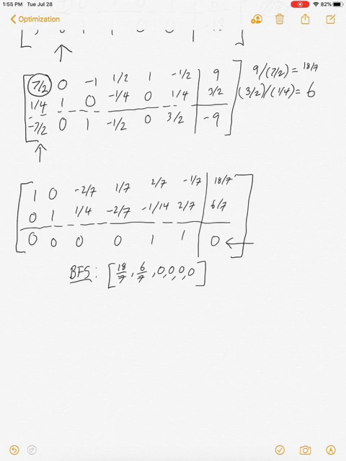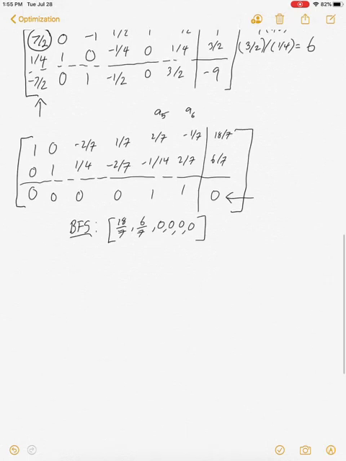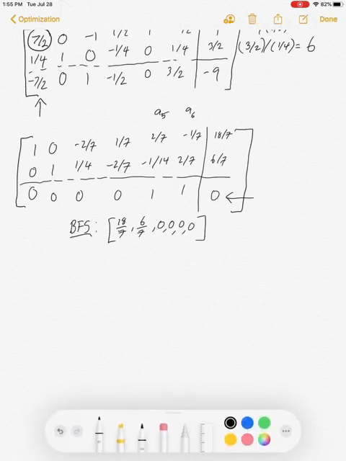So how do I get a feasible solution to my initial problem? Well, I just get rid of x5 and x6. The last two columns were the columns that I added just for doing the two-phase method. So I'm going to remove those columns.